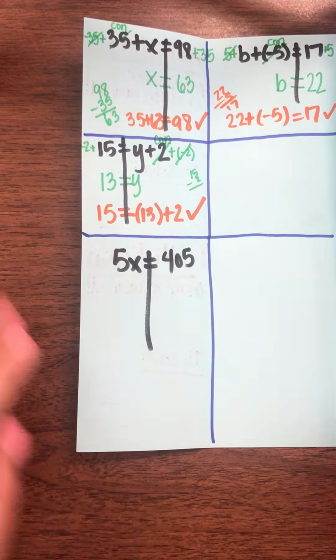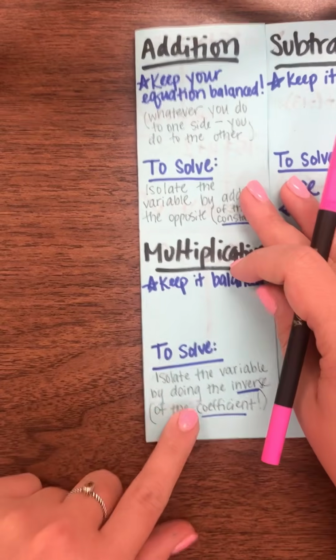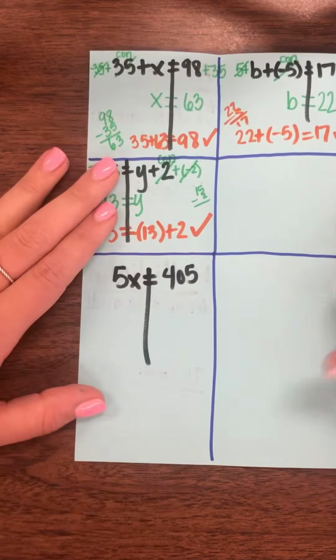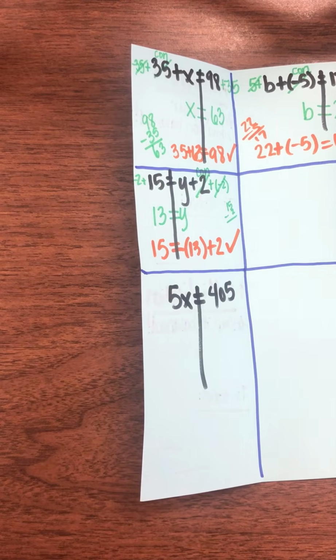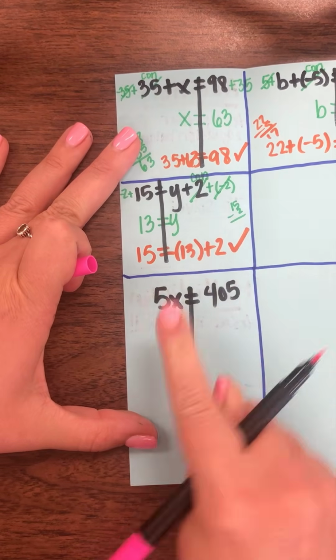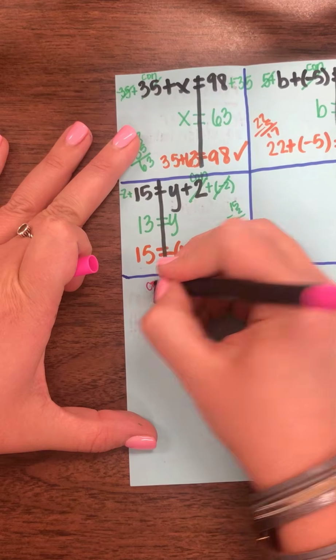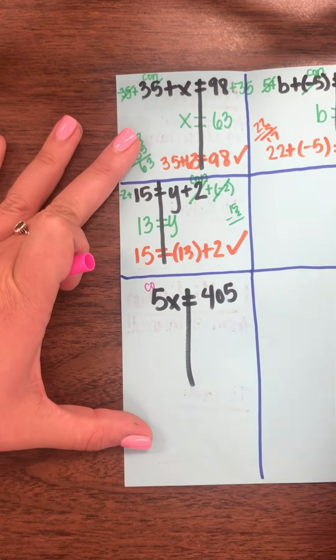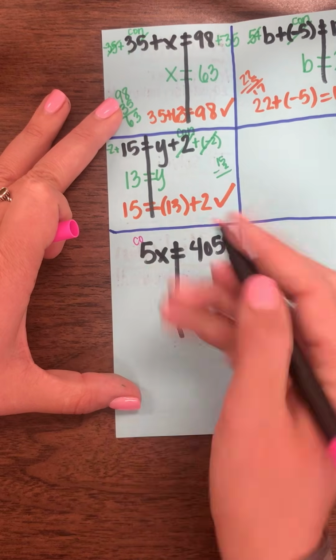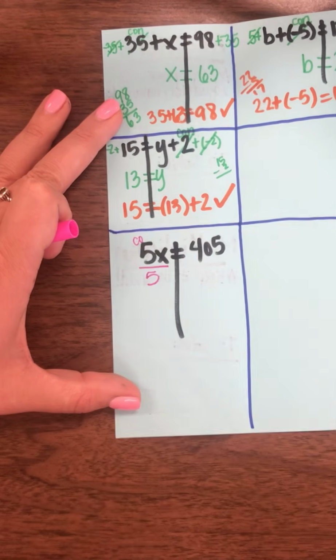I'm gonna switch colors here. So this says, isolate the variable by doing the inverse of the coefficient. So this variable is being multiplied by 5. Here's your coefficient. 5 is your coefficient, right? So the inverse of multiplied by 5 is to divide by 5.